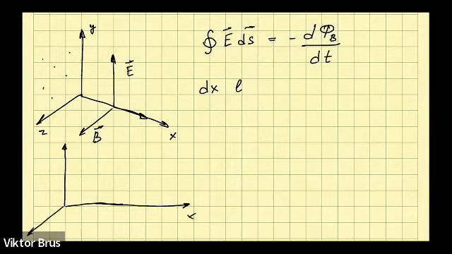This will be x, z, y. Also, what is necessary to highlight before we proceed, is that both the electric field and magnetic field vector depend on x and time. They are a function of position along axis x and time. However, they do not depend on y or z.